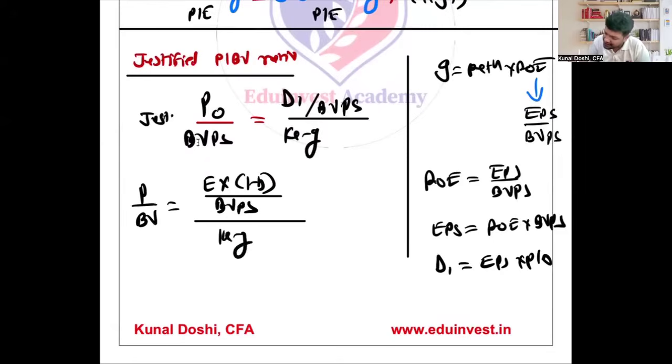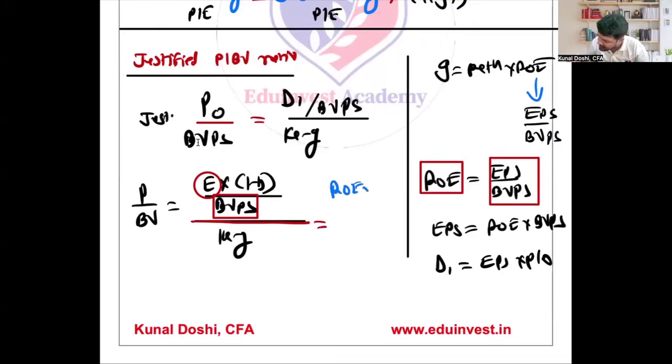But I know that earnings divided by book value per share can also be replaced by ROE. So my formula now translates into what exactly? My formula translates into a very interesting thing: ROE into 1 minus the retention ratio, which is the payout ratio, over the cost of equity minus the growth.